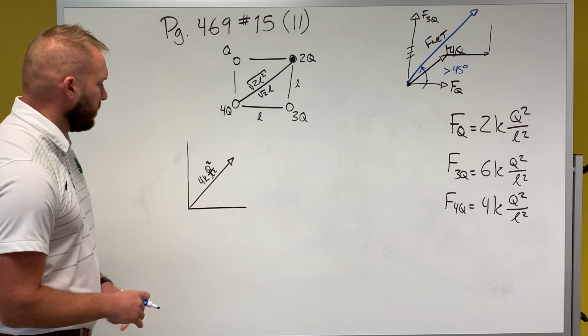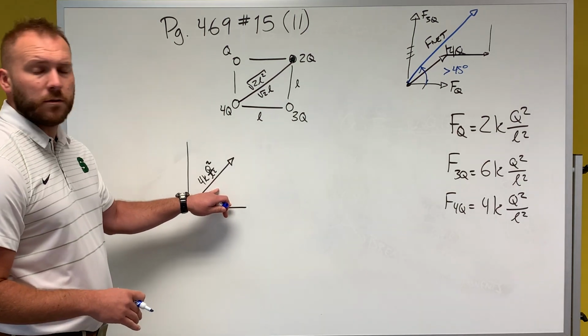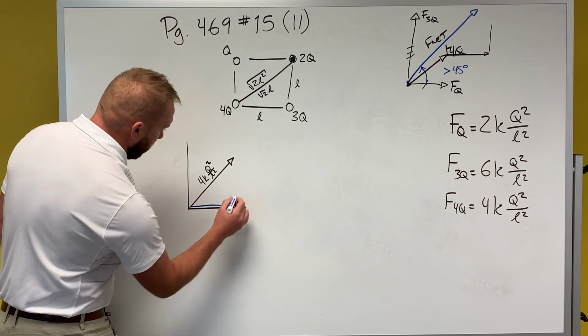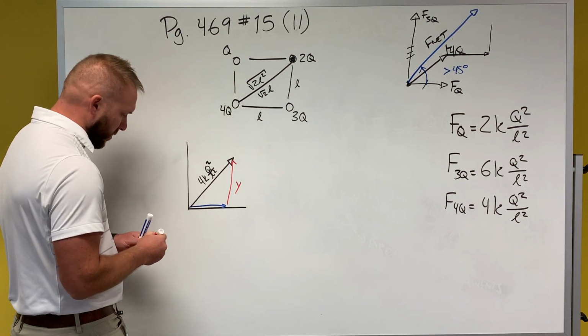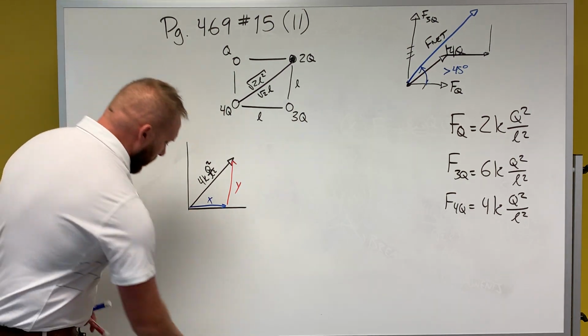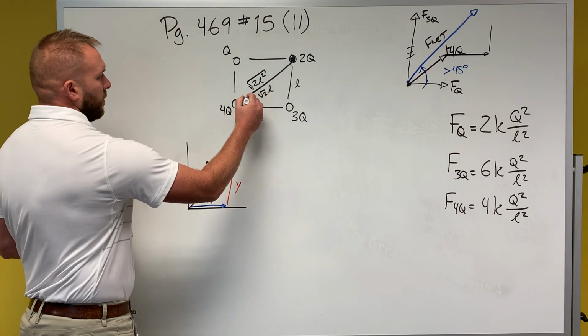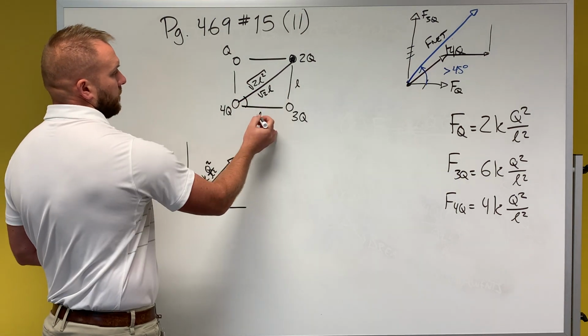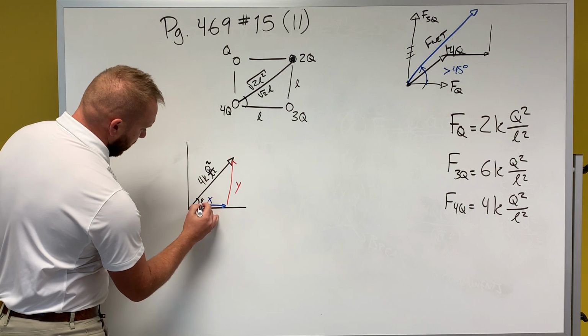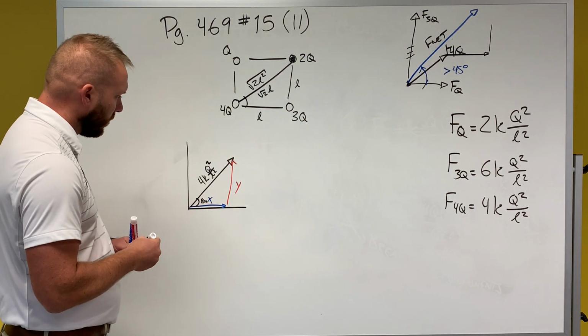Okay, so to break this into its two components, we're going to have both an x component and a y component. Because this is a 45, 45, 90 triangle, I know that this angle here is 45 degrees, okay?